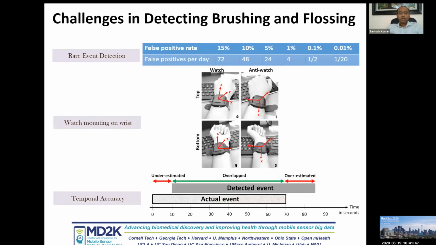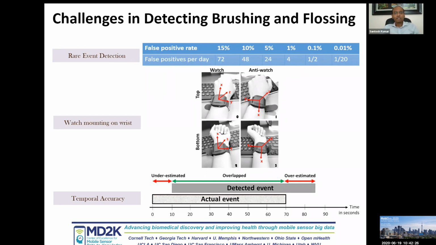So finally, for brushing and flossing: smoking is a rare event, but brushing is an even rarer event. If we assume 16 awake hours and assess every 2 minutes, because it's about 2 minutes that people are expected to brush, whether they are brushing or not, then what we show is that with a 15% false positive rate, we can declare 72 brushing episodes a day.